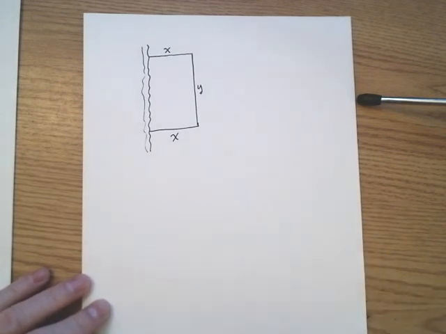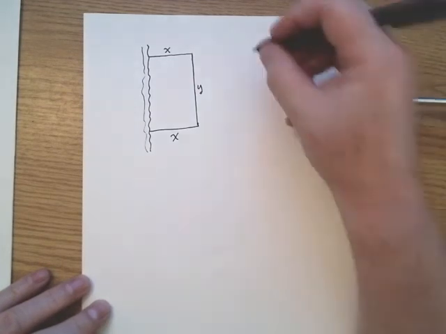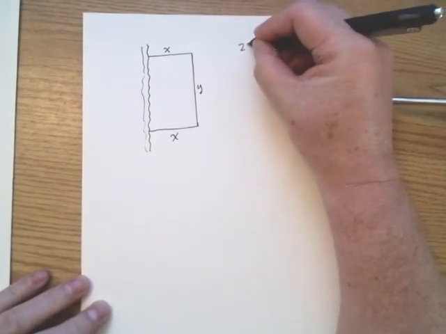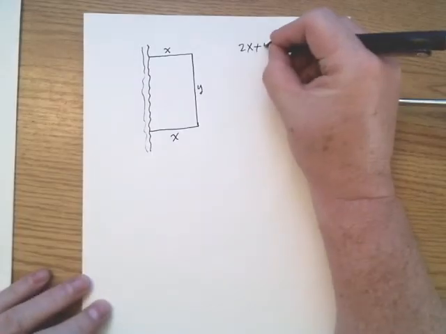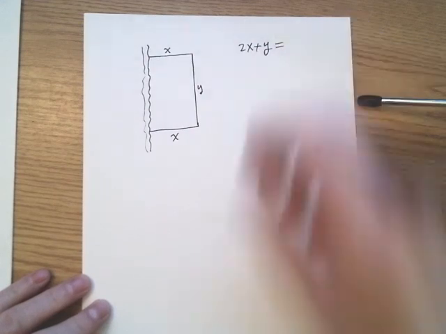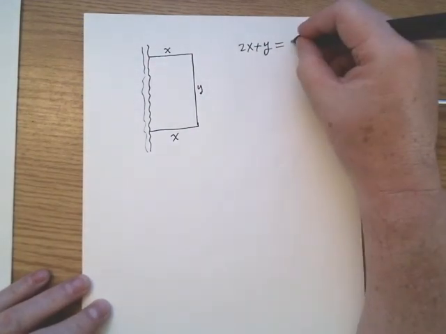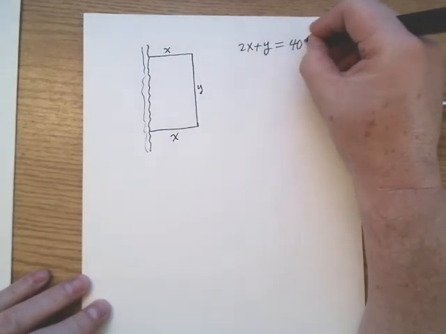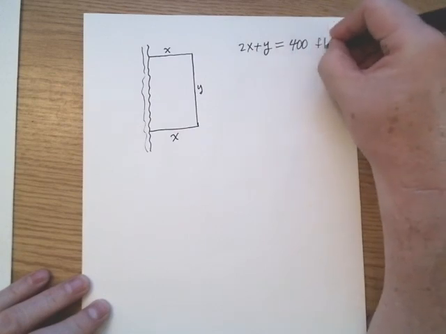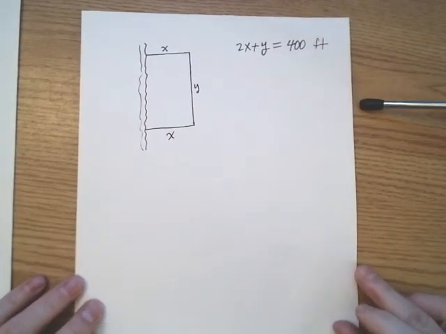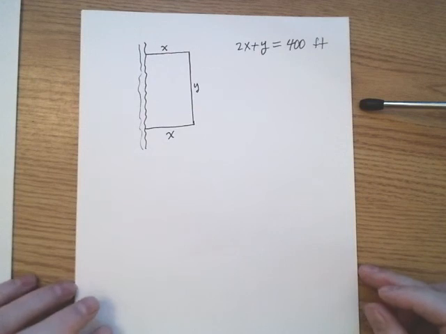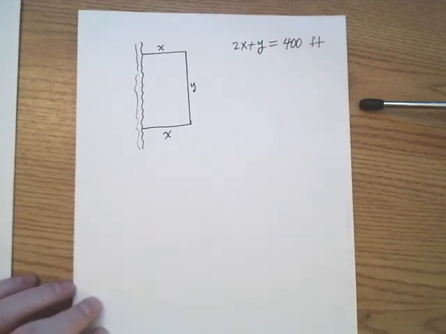Now, from this drawing, how much fencing have I actually used? I've used two x's and a y. Now, I'm going to be using all my fencing, so 2x plus y should be 400 feet, right? So I'll just throw that feet in here. All these measurements are going to be in terms of feet, or an area will be square feet, right?